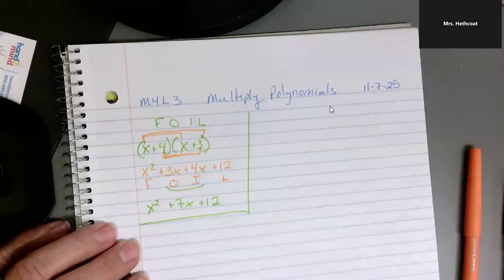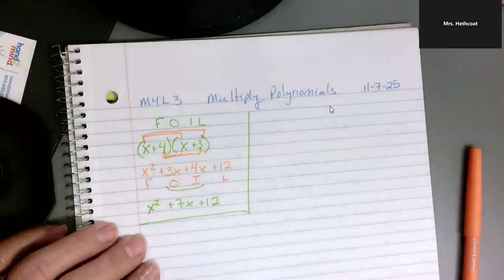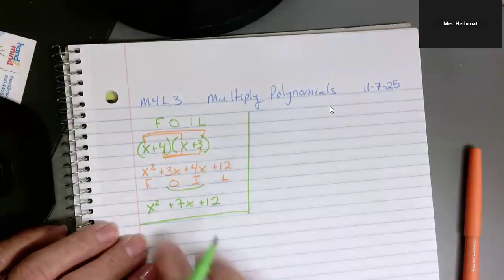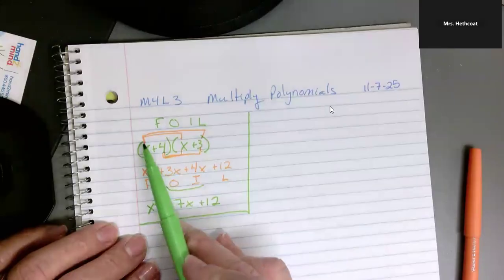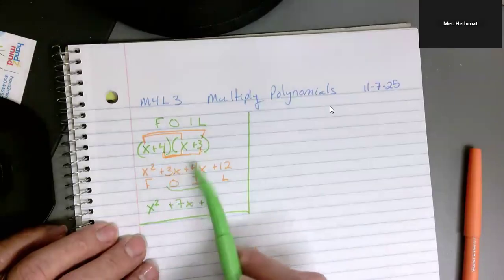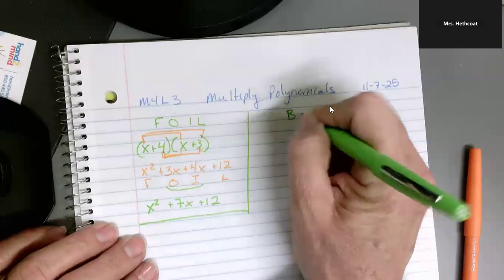But when we get into Algebra 2, often our polynomials are bigger than just binomials. We'll get into trinomials, etc. And so this gets a little complicated because it's not as neat as just the F, the O, the I, and the L. So if we were given, I'm going to use box method to show this next strategy.